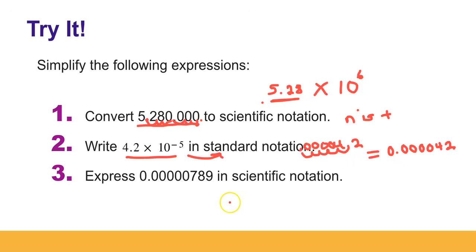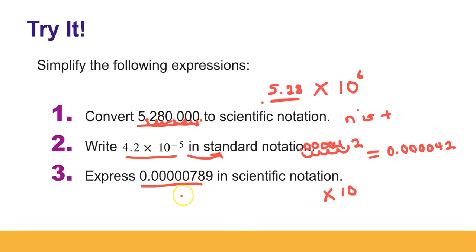All right, now the very last one wants us to convert a very small number to scientific notation. Again, we're going to work first with, well, you can look at different ways. We know we're going to have 10 to some power. Okay.